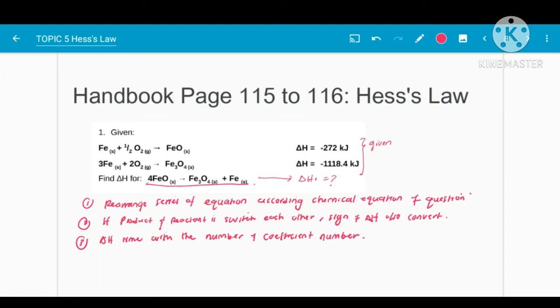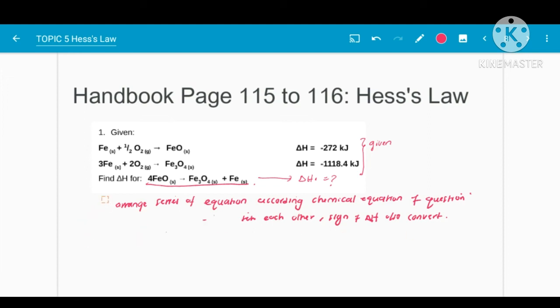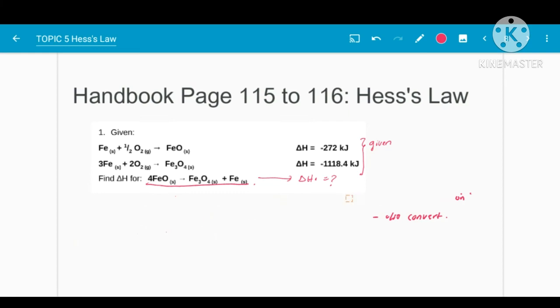Okay, let's look at the exercise. So the first step, identify the reactant. Make sure the reactant is for iron oxide. Where is iron oxide? This is iron oxide.